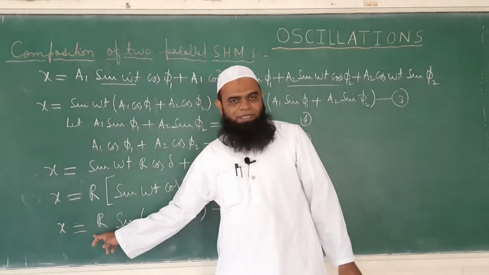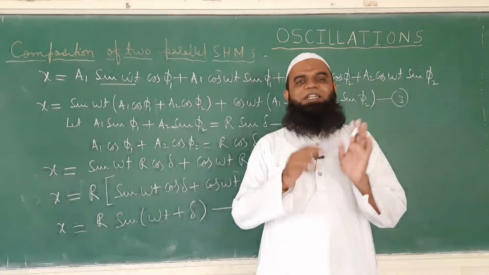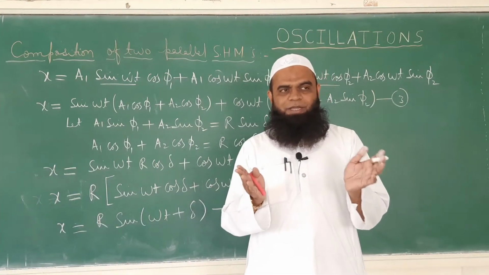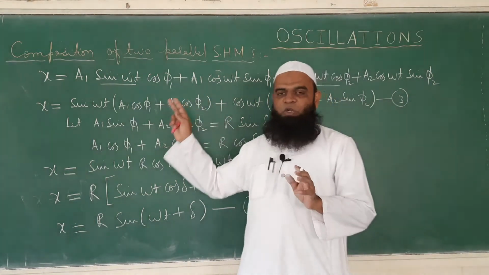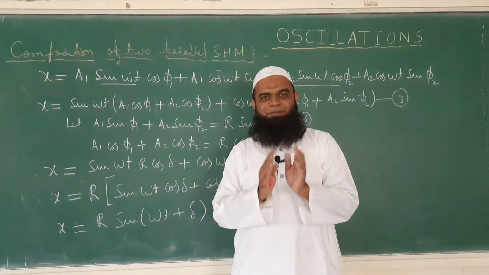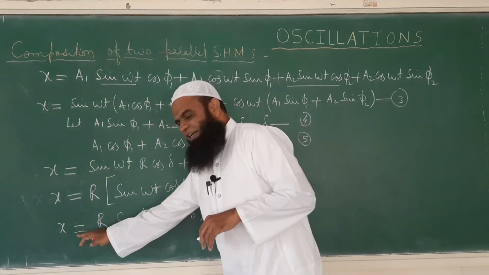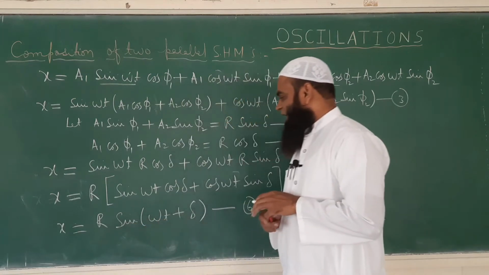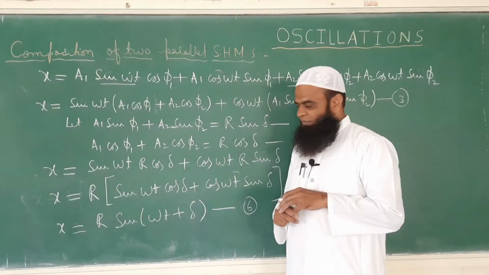So this is the equation for resultant displacement when a particle undergoes two parallel SHMs. When they combine, we get the resultant displacement as x is equal to R sin omega t plus delta.